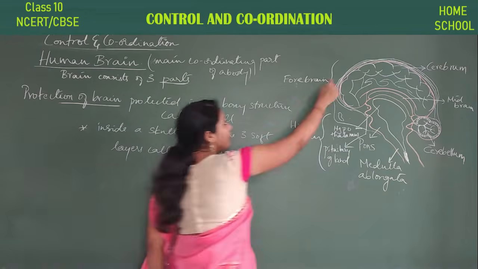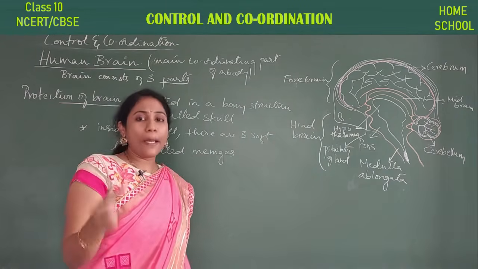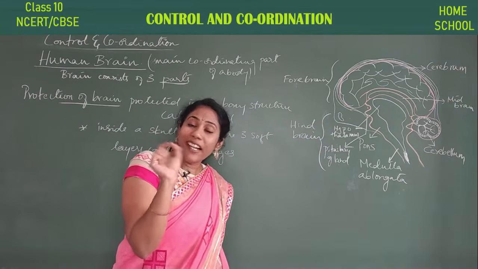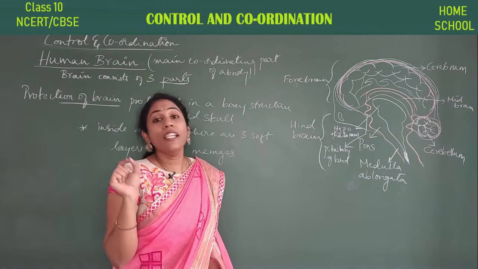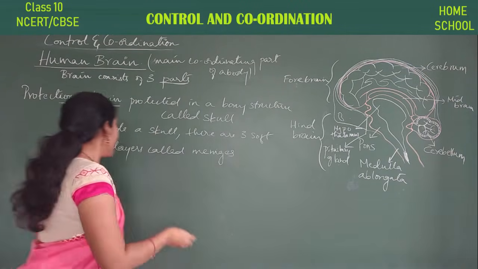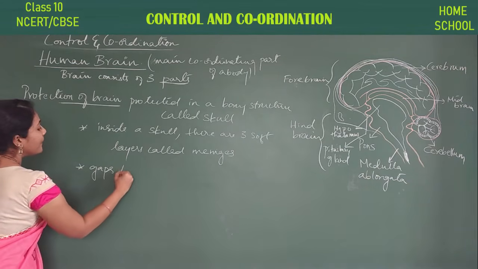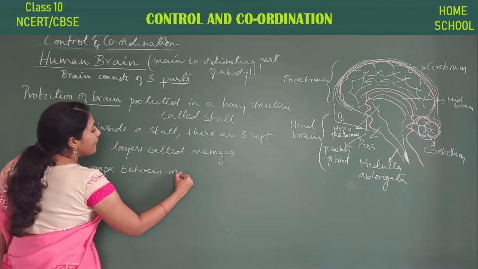Okay, and between one layer and another layer, a slight gap would be there. Okay, and that gap is actually filled with a liquid called cerebrospinal fluid. Okay, so what I can write is gaps between meninges.